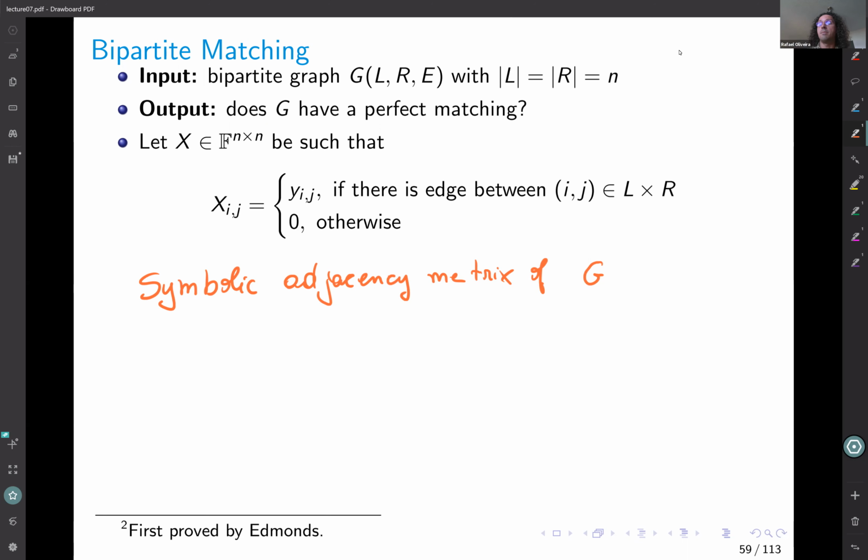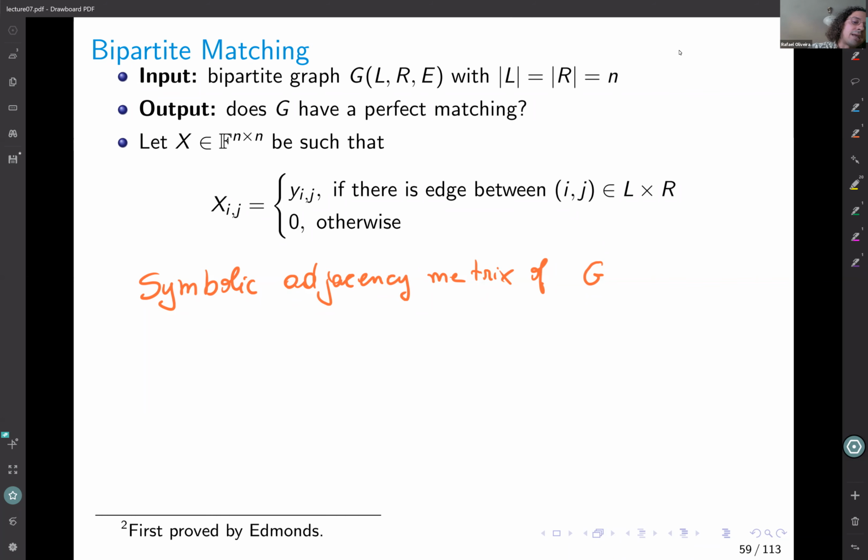What is that? This X will be an n by n matrix such that the ij entry of X is going to be a new variable y_ij if there is an edge between i and j, or 0 otherwise.